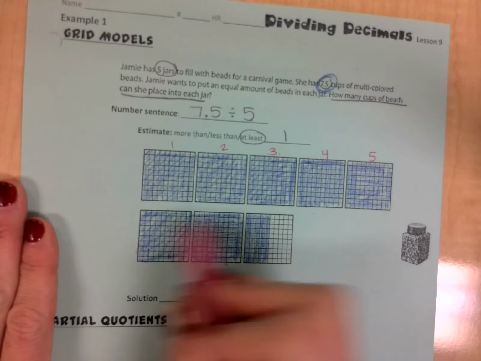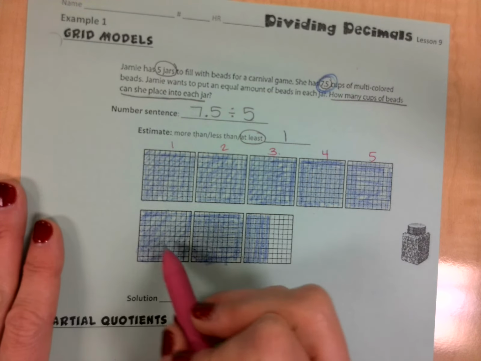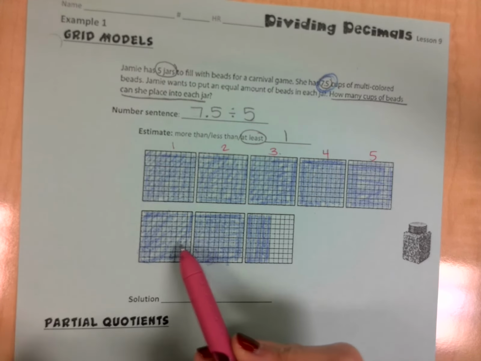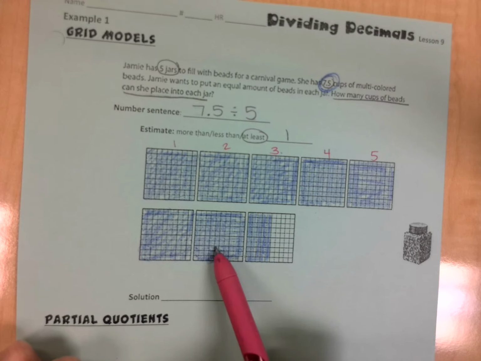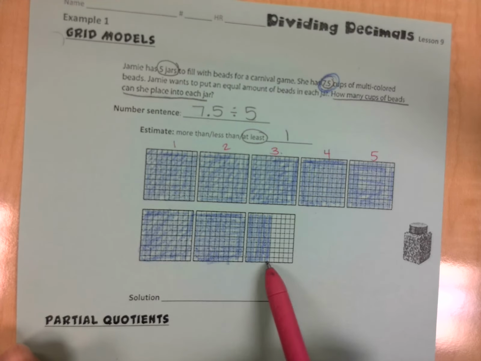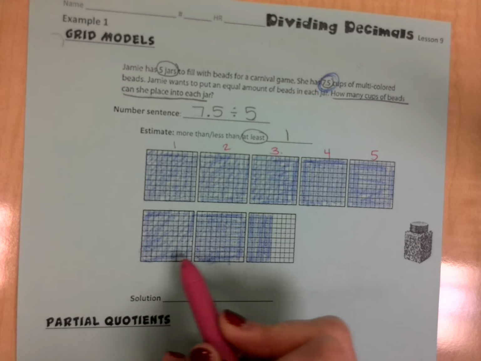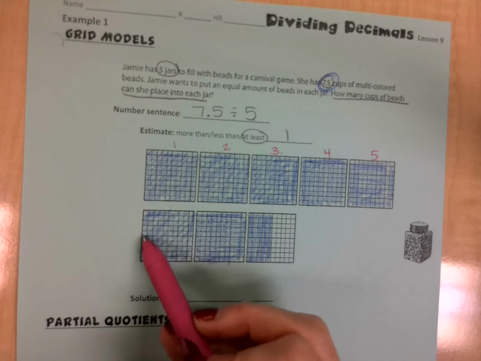Now we have this left, and we need to split all of this up into the 5 jars as well. How would you think we could cut this? What do we have? We have 2 wholes and 5 tenths. How could we break these beads up into 5 jars? If I look at my number, I can think about it as rods.